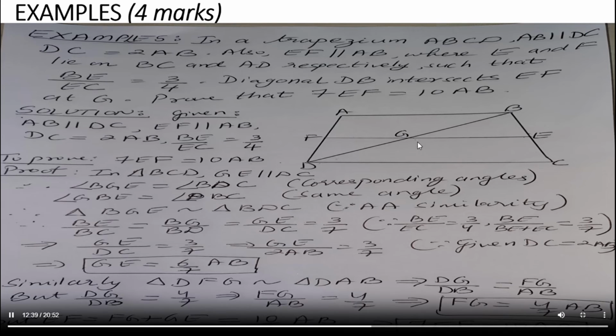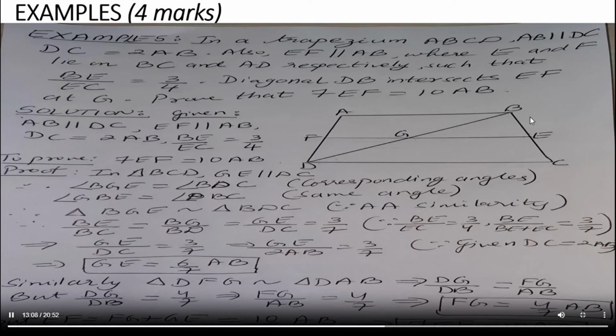Now like we have obtained GE, we will obtain FG. So triangle DFG and triangle DAB will also be similar, same way like we have proved previously by AA similarity criteria. Since DFG is similar to DAB, the sides DG upon DB will be equal to FG upon AB. But DG upon DB is 4 by 7.